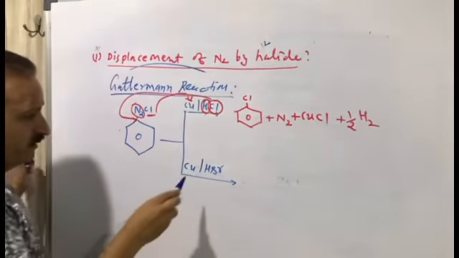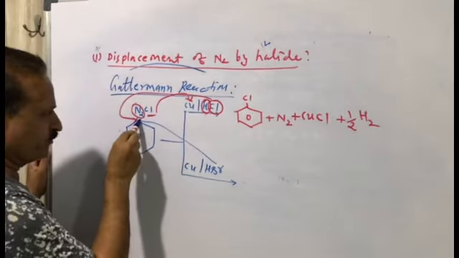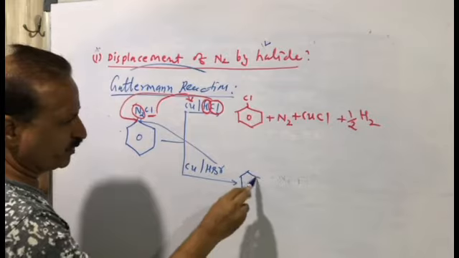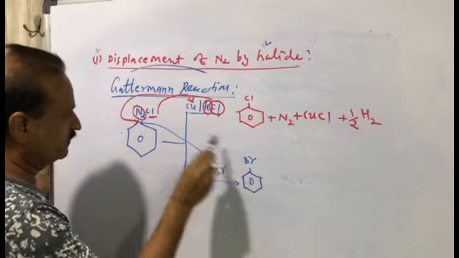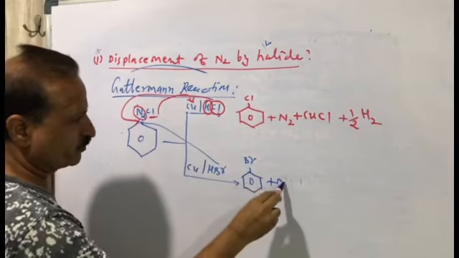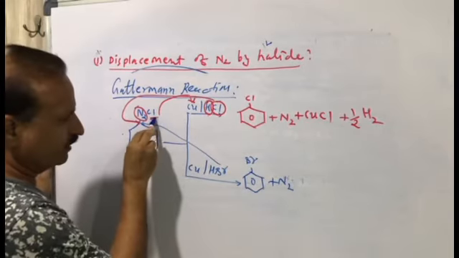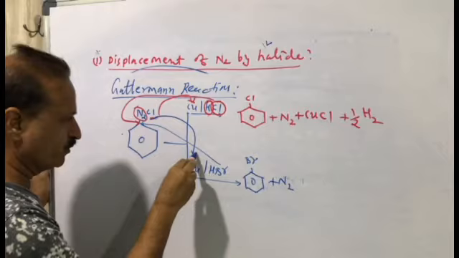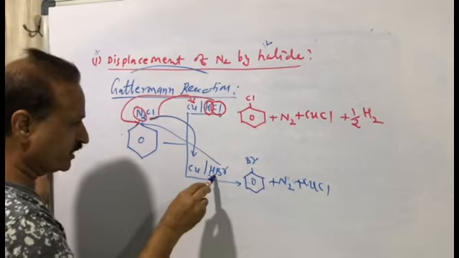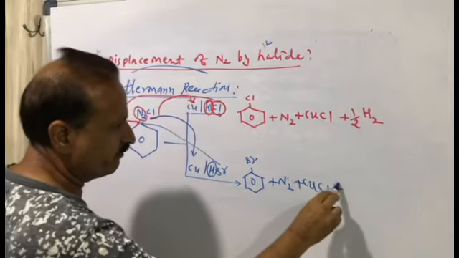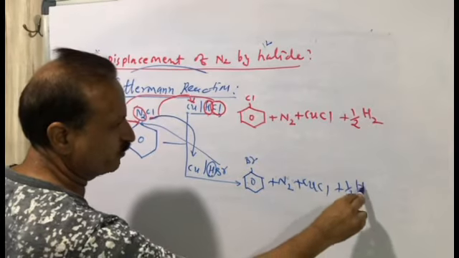In the same way, bromine will make displacement of N2, so we are having the product bromobenzene. Then N2 will release. This Cl will react with Cu, so it is CuCl, and this hydrogen remains as it is. We can balance the equation with 1/2 H2.